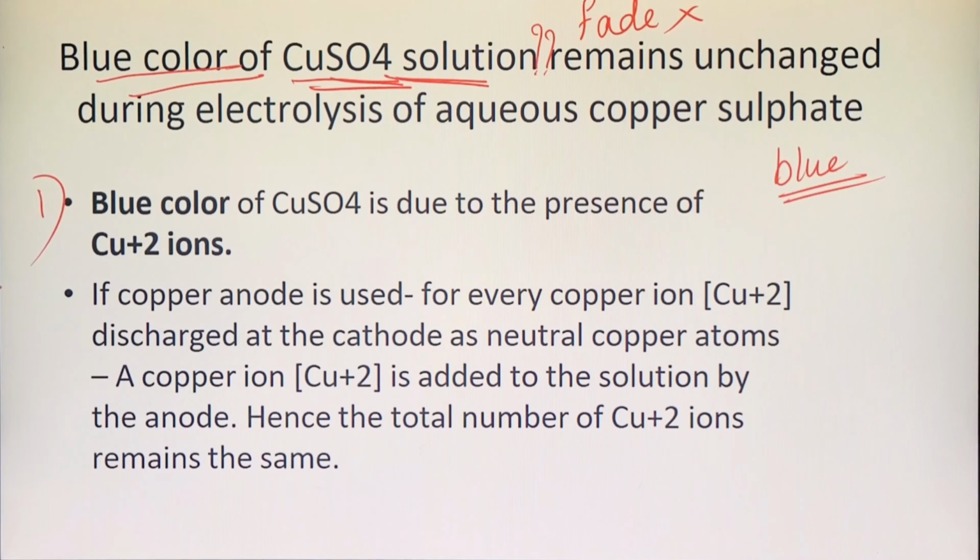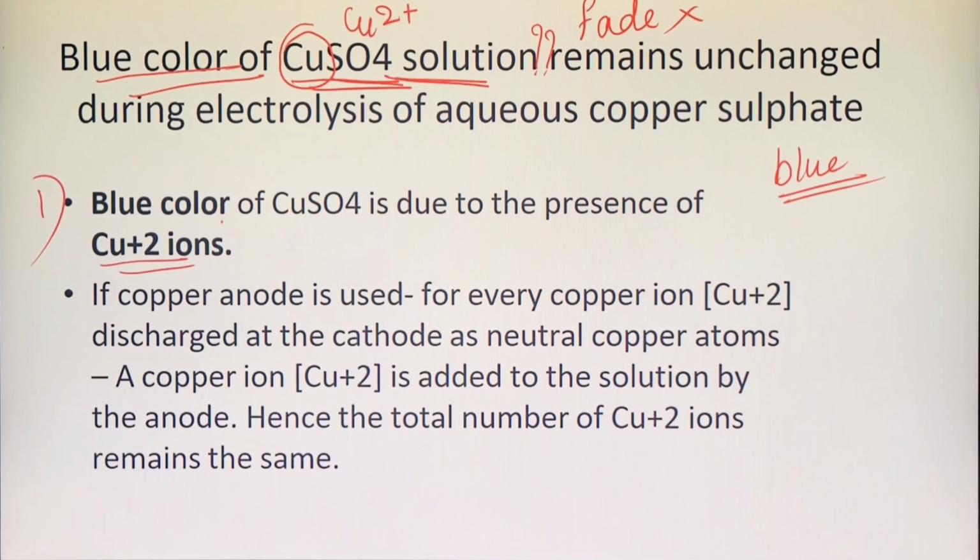What is the first point you have to remember? Whenever I talk about copper sulfate, the blue color is because of cations. Clear? Which is a cation that is responsible for this blue color? It is my Cu2+ cation. Am I clear? So as you can see in the slide, blue color of copper sulfate is because of the presence of Cu2+ ions. Clear?